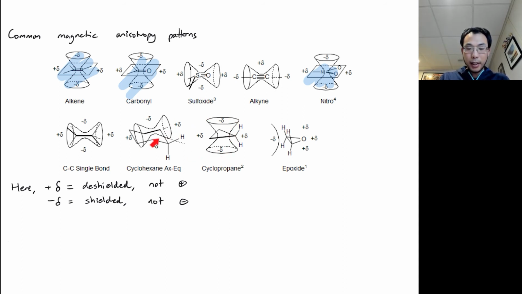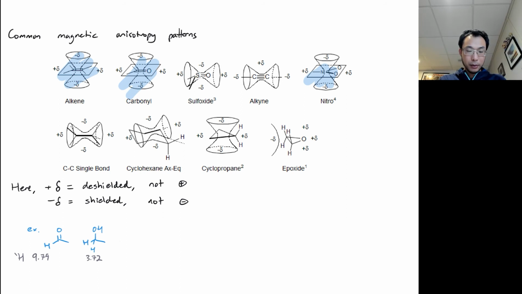A little bit harder to see here, but it's also the case. Regions above and below the ring that are more shielded, and then along the plane of the ring, regions that are more de-shielded. Again, if you're looking at this graphic, just make sure to remember that the plus delta here is plus ppm, not positive charge.